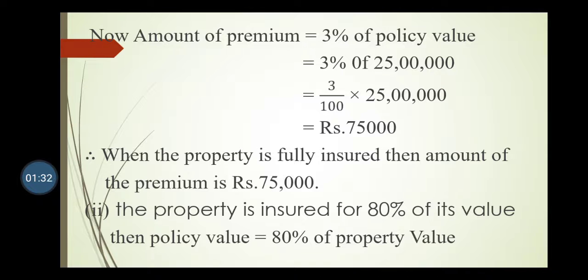Okay. Here we have to find two premiums. One is when the property is fully insured, what premium we have to pay, and in the second case when the property is insured for 80% of its value.